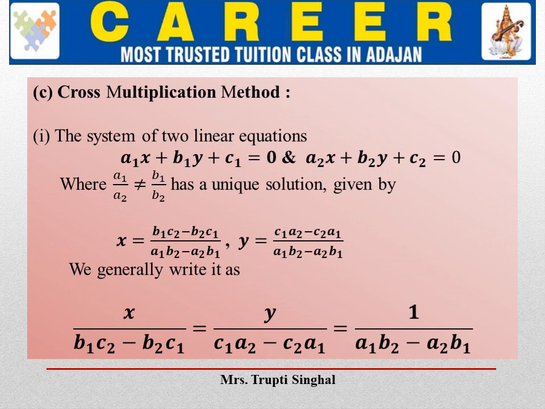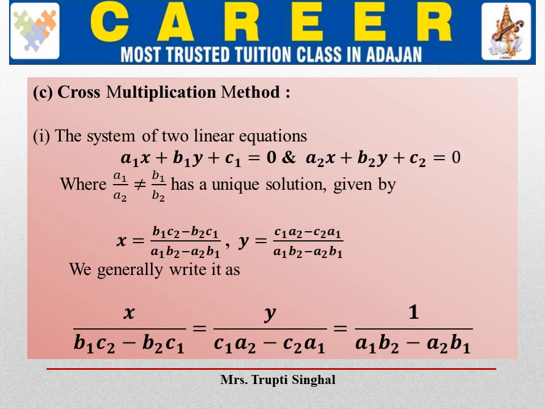Check out the third and very important method, the cross multiplication method. If a system of two linear equations is given, first we have to check that a1 upon a2 is not equal to b1 upon b2, because x equals b1 c2 minus b2 c1 divided by a1 b2 minus a2 b1.